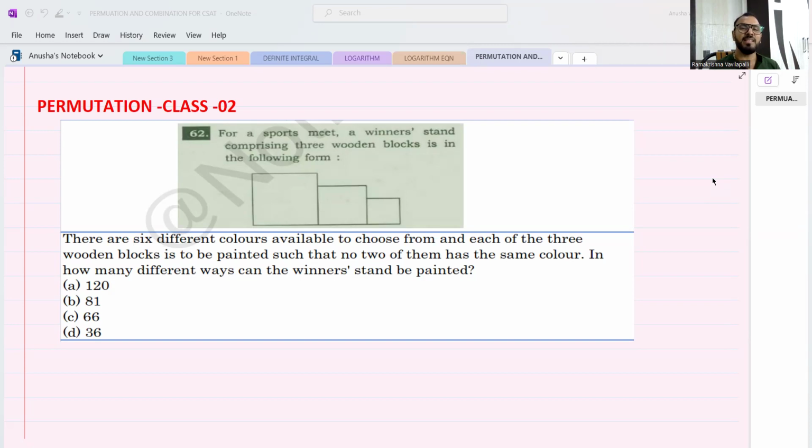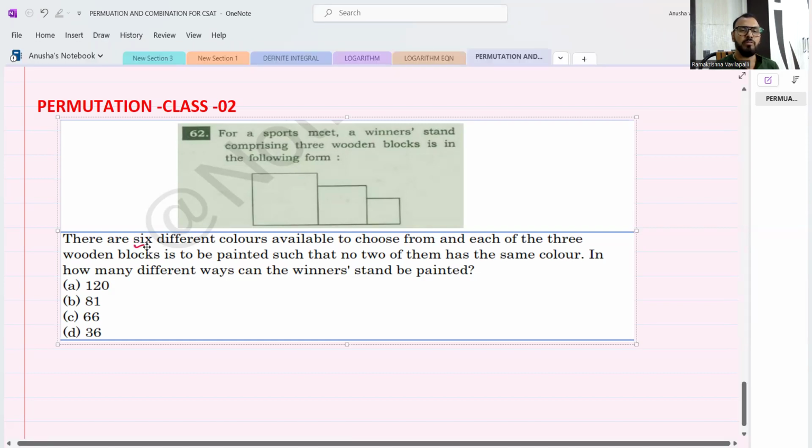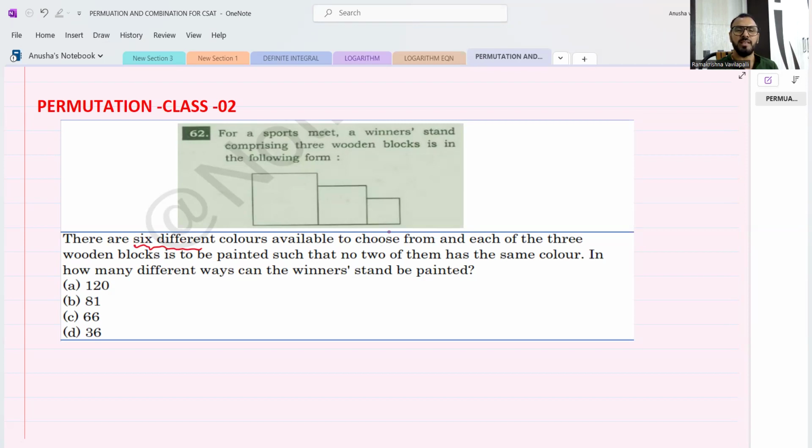Well, it is a very simple question. We have 6 colors. We want to color the steps such that no 2 steps have the same color. So here is the process.